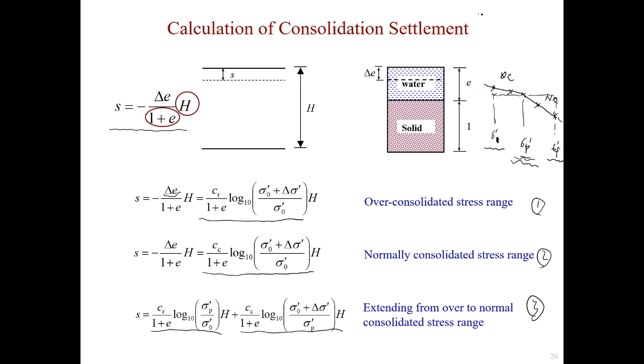Then you plot these two line segments to find the position of the initial and final vertical effective stress points relative to the pre-consolidation stress. Then you are able to find the corresponding formulas to do the calculation. So these formulas are really important. That's the most important part of this lecture. You need to know the relative position of these three points and then find the corresponding formulas to work out the settlement.